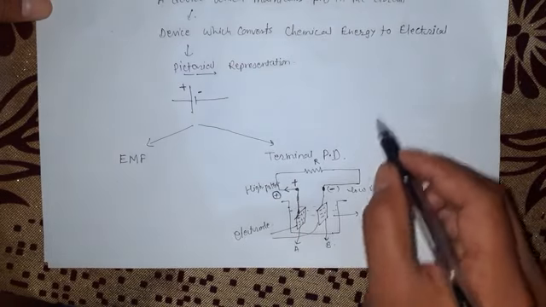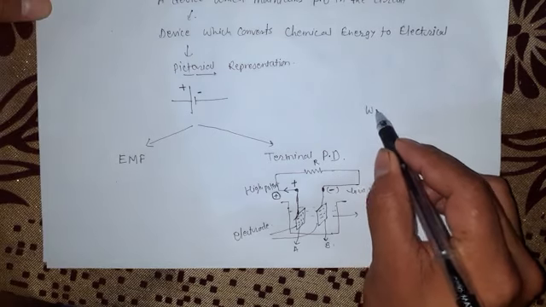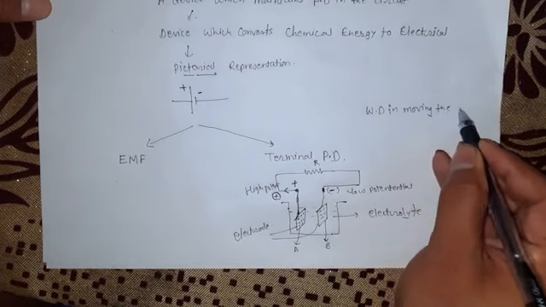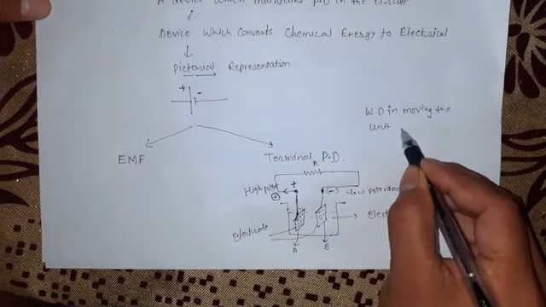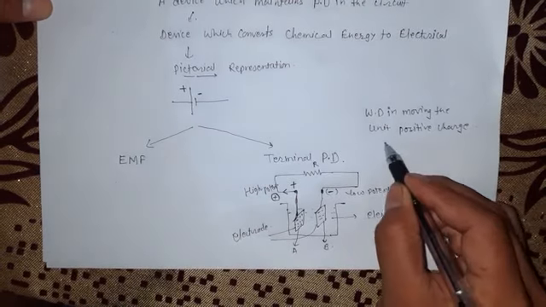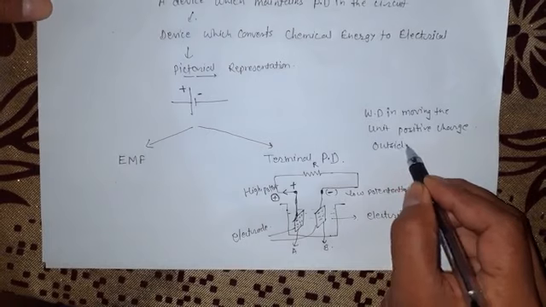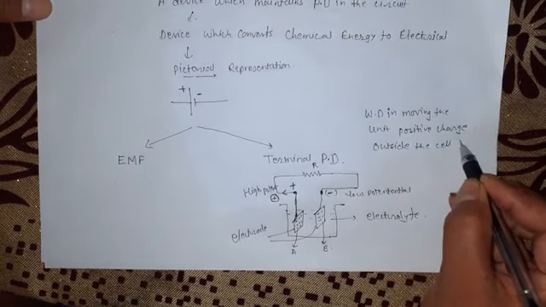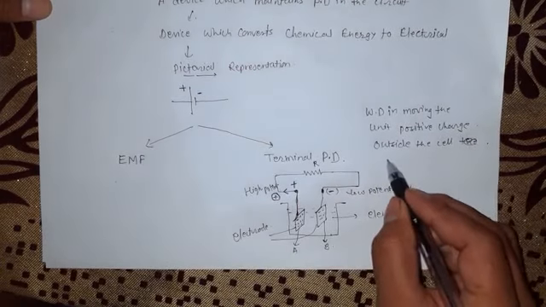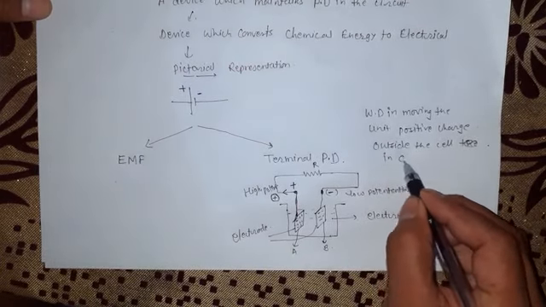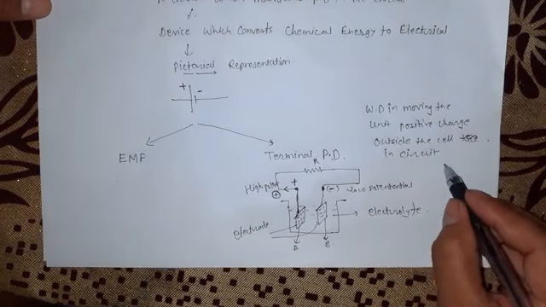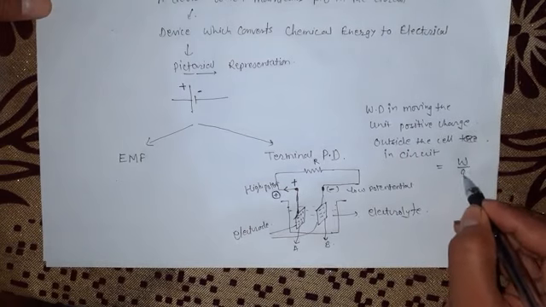So over here the work done in moving the unit positive charge outside the cell in the circuit. Okay, so this is work done in moving the charge.